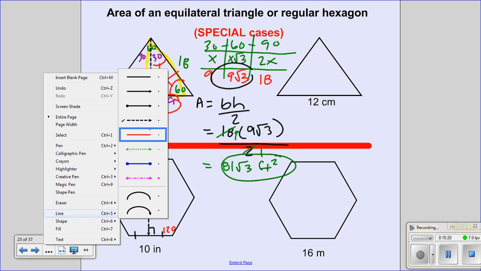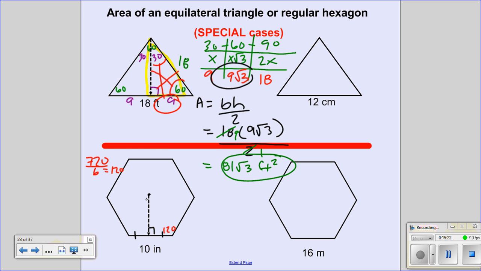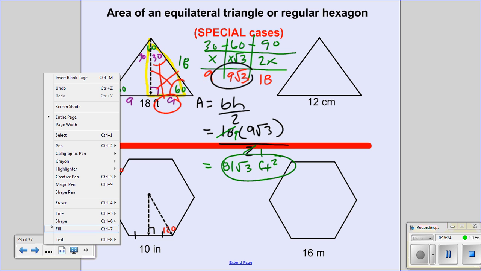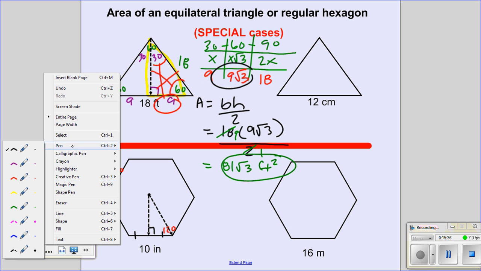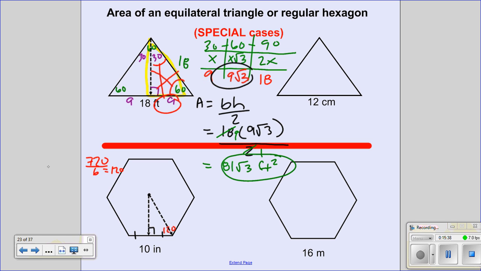Now you could create another line like so to form a right triangle. What that line does is it splits that 120 degrees into two 60-degree angles.